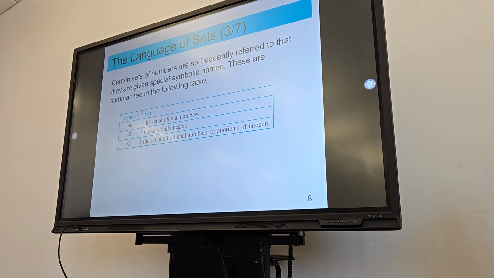Now, certain sets of numbers are commonly used, and they have special symbols for them. Capital R being the set of all real numbers, capital Z being the set of all integers, and Q being the set of all rational numbers. Remember the Q as being the quotient of two integers.